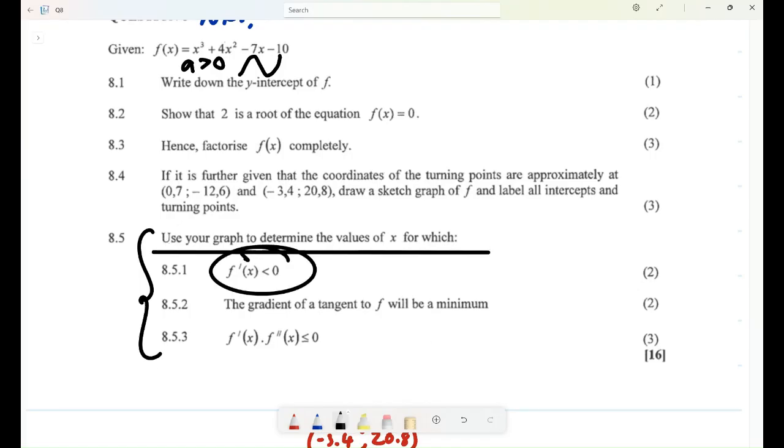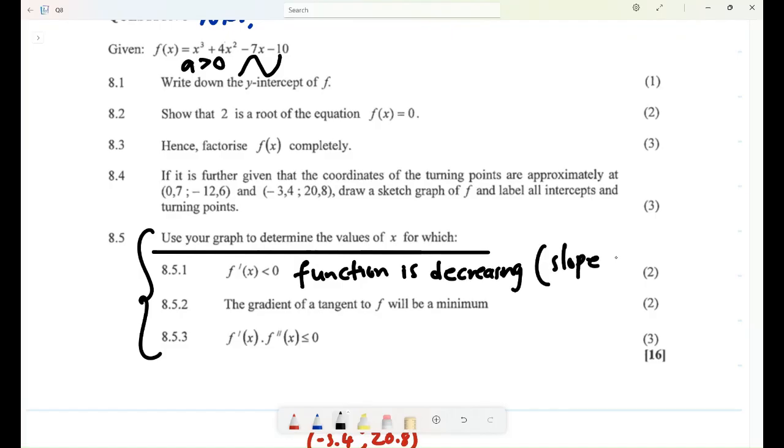Now they say, where is the derivative less than 0? Meaning where the gradient is less than 0. It means it is where our function is decreasing, or our slope is negative.